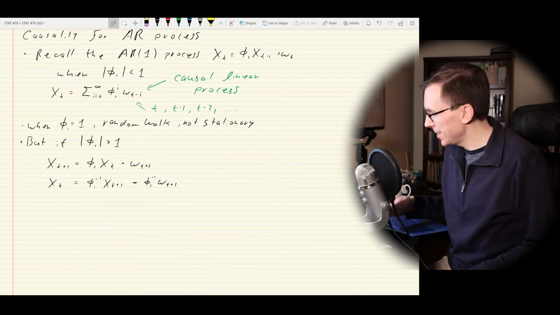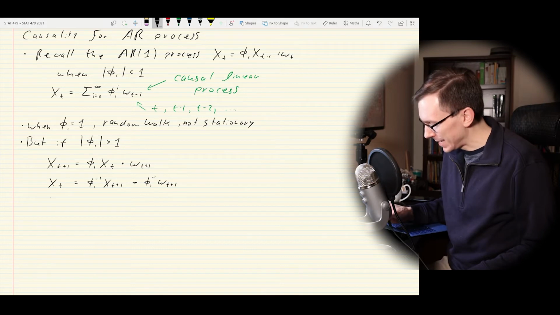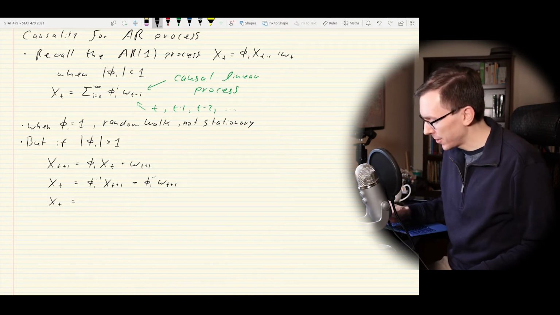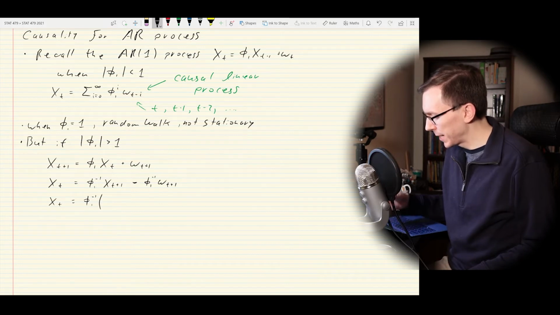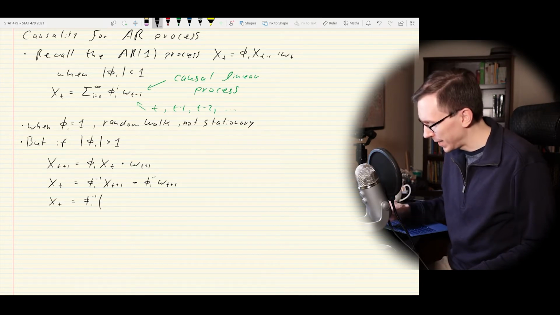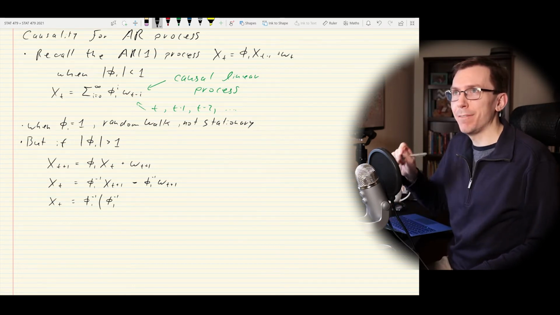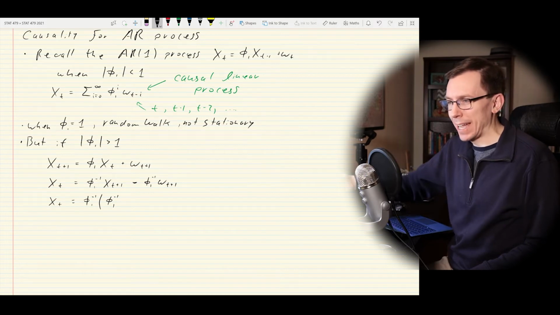If we continue recursively, as I did in some of the early lectures, and as you would have done in assignment 1 when you had to compute things like autocovariances, we can plug in this same definition and get an x_{t+2} in here. The point to remember is that phi 1 is greater than 1 in magnitude.